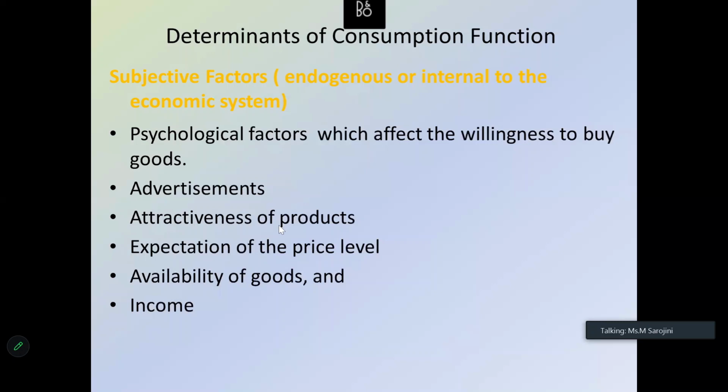People are thinking only one tank of petrol is enough for life, isn't it? Because of that, they hurry to fill their tank. And availability of goods. If there are enough goods, there is no higher consumption. Income. We learned that income is the main determinant of the consumption.